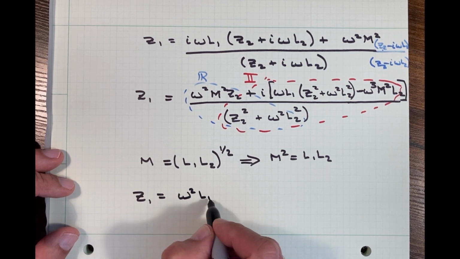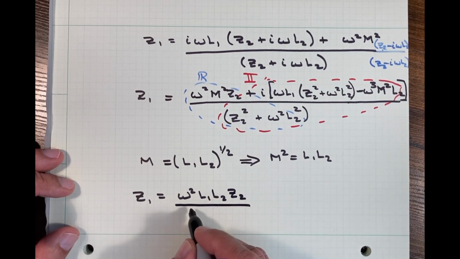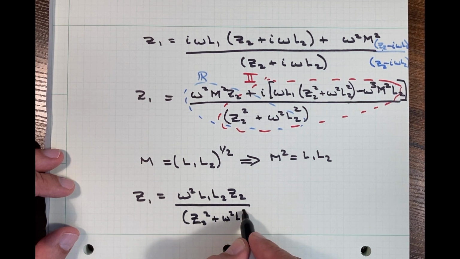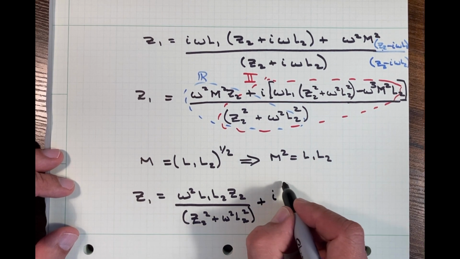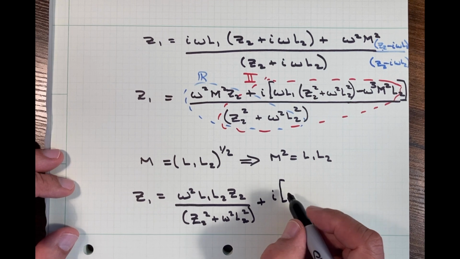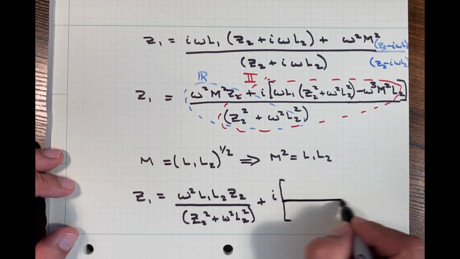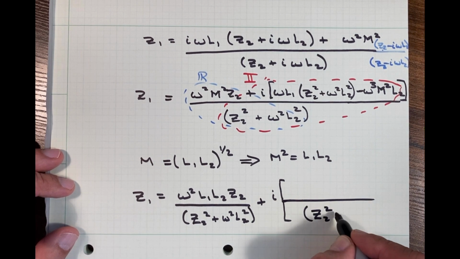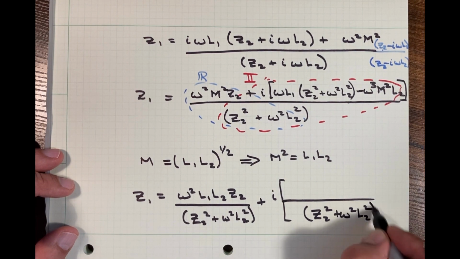omega squared L1 L2 Z2 divided by our friend here, Z2 squared plus omega squared L2 squared, plus I times this expression here. Let's go ahead and do that. The downstairs, or the denominator, is Z2 squared plus omega squared L2 squared.